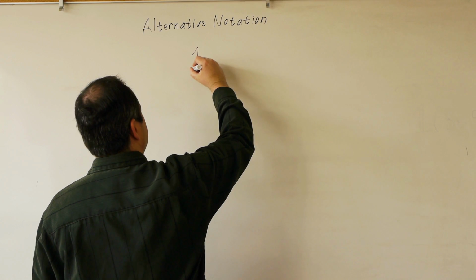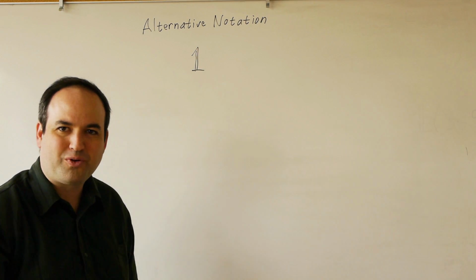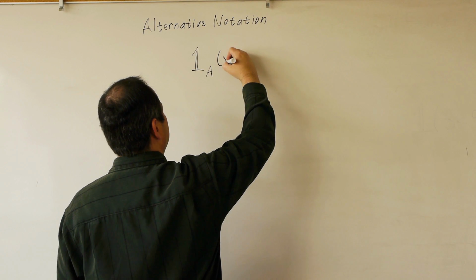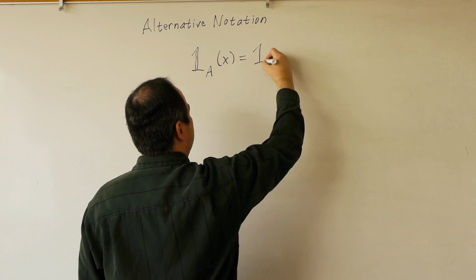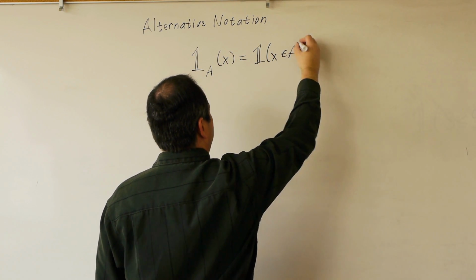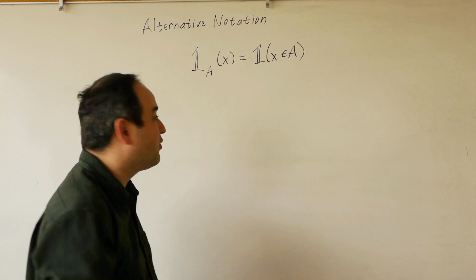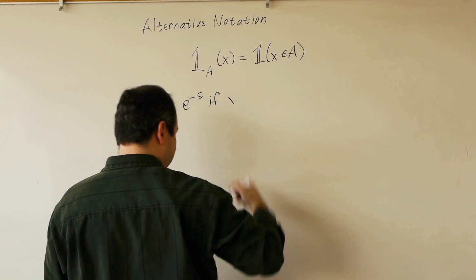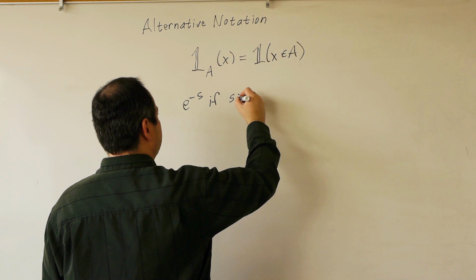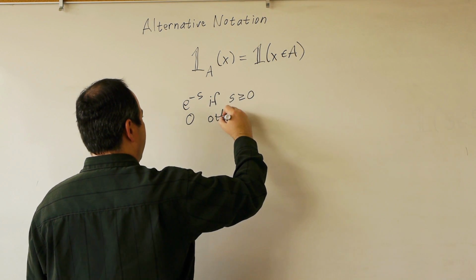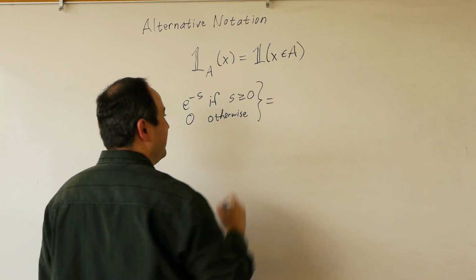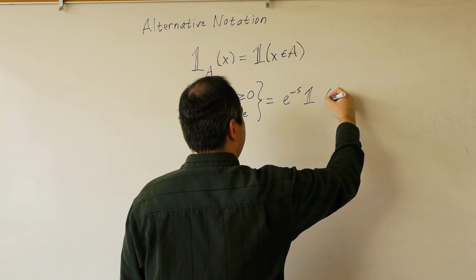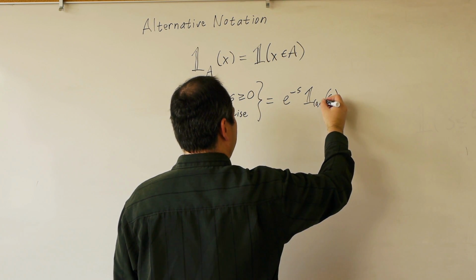If you see an indicator function, so blackboard boldface numeral 1, with a subscript that is a set A, then the indicator function evaluated at x is equal to what we've been calling the indicator that x is inside the set A. So with this sort of notation, if I wanted to write e to the negative s if s is bigger than or equal to 0 and 0 otherwise, this would be written with this new indicator notation as e to the negative s times the indicator with set 0 to infinity.